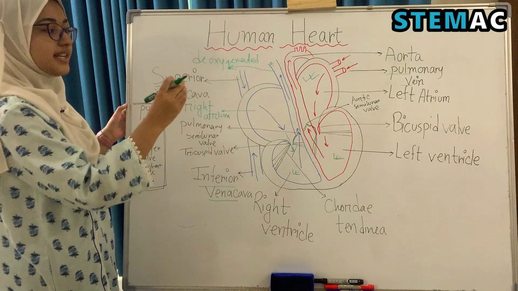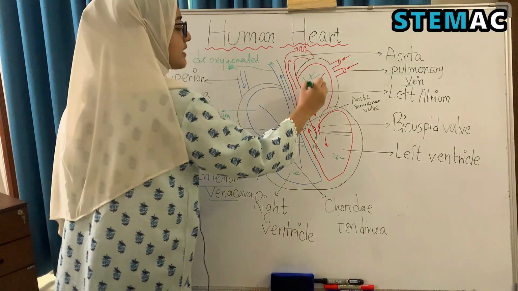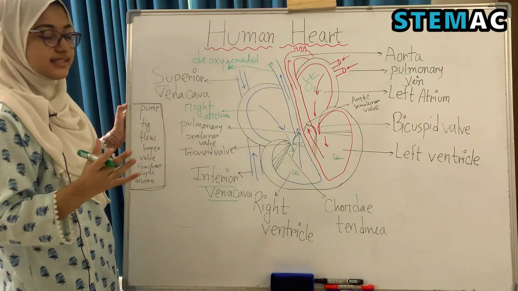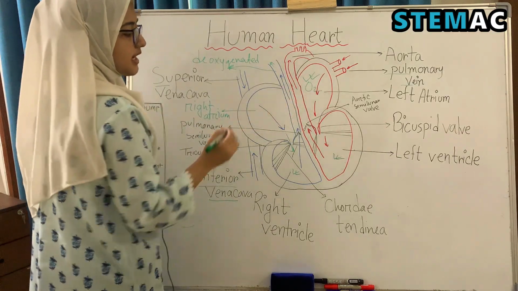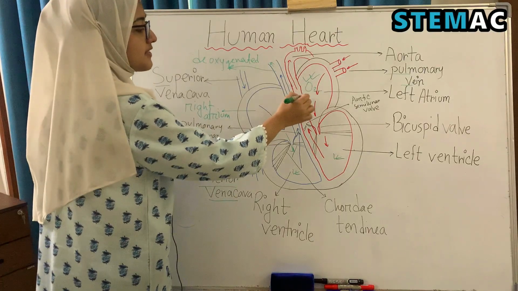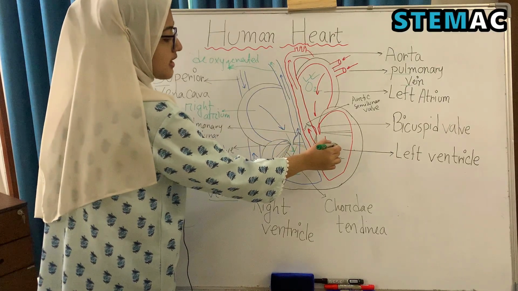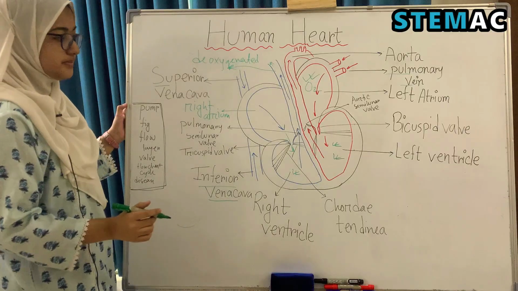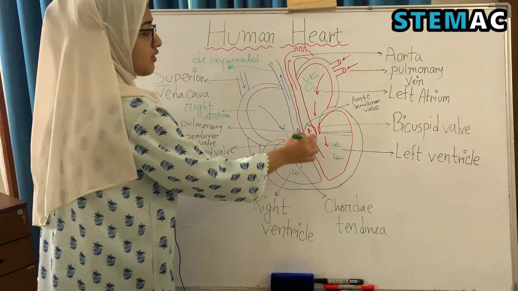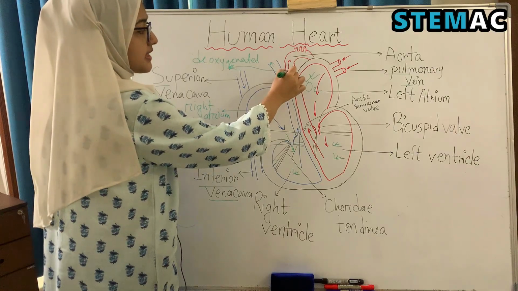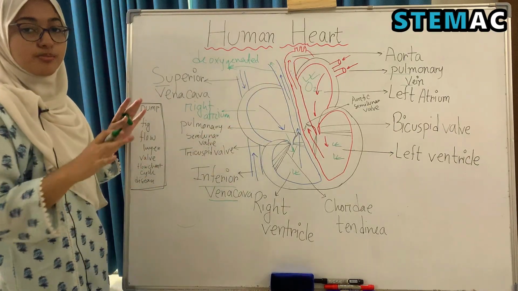So the blood here will be oxygenated, so there will be more oxygen. Then the oxygenated blood will come from the left atrium towards the left ventricle. And then the oxygenated blood will flow towards the aorta and then it will go to the whole body.